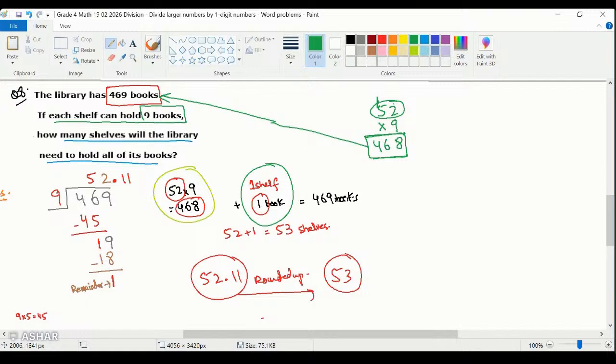No, you cannot have 0.11 shelf, right? You can always have a complete shelf. So if the number is coming out in decimal, that was 52.11 and so on, you round it off to the next number because you cannot use the decimal values for the shelf. Okay, thank you, Sami.